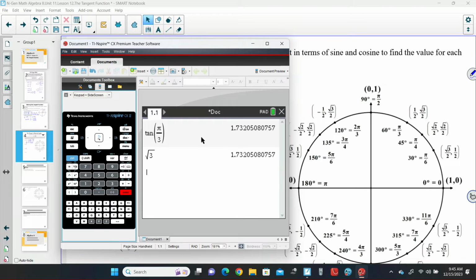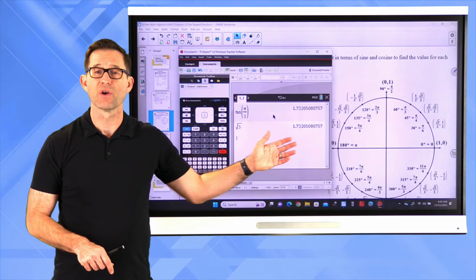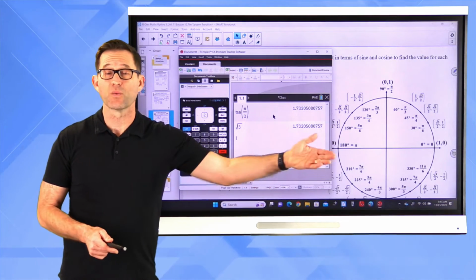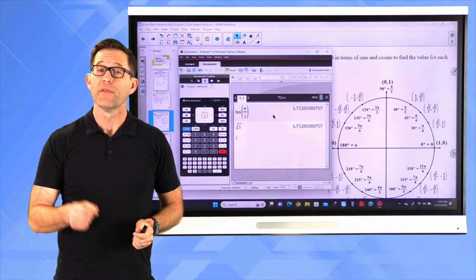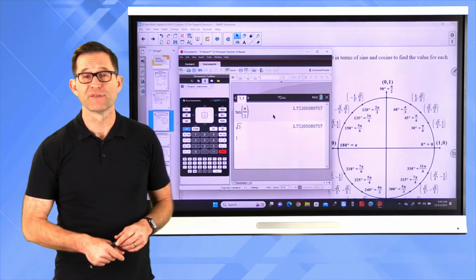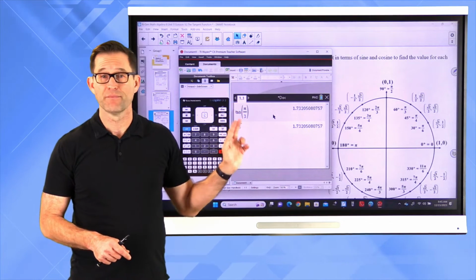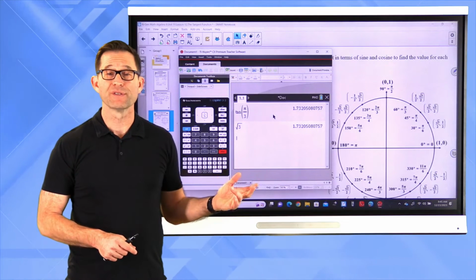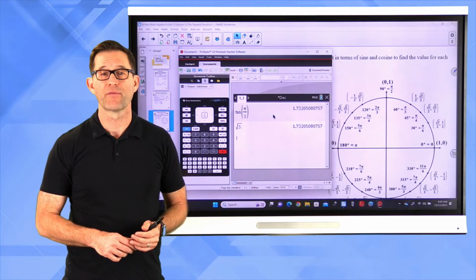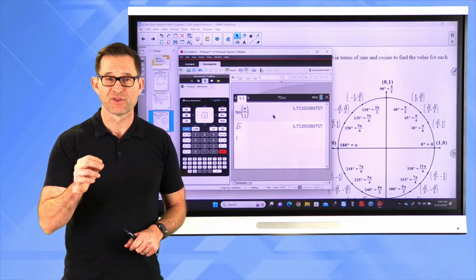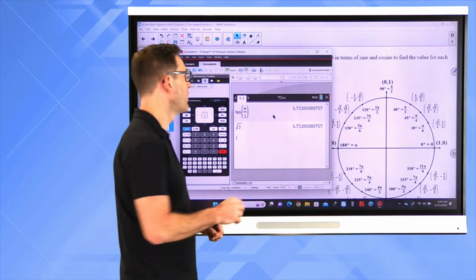So if I type in square root of 3, I see that it is also 1.73, etc. Therefore, verifying what we see from our work, that the tangent of pi over 3 is square root of 3. There are some calculators that will tell you straight up that tangent of pi over 3 is square root of 3. More advanced versions of the TI Inspire will actually do that for you, but those types of calculators aren't allowed on certain exams, so you have to be careful about those.